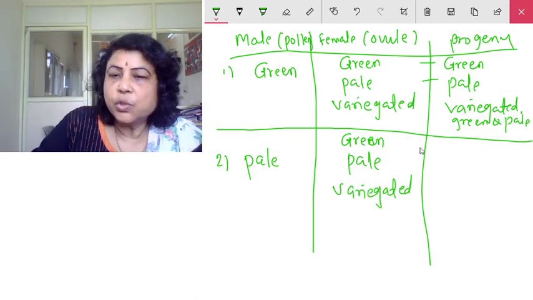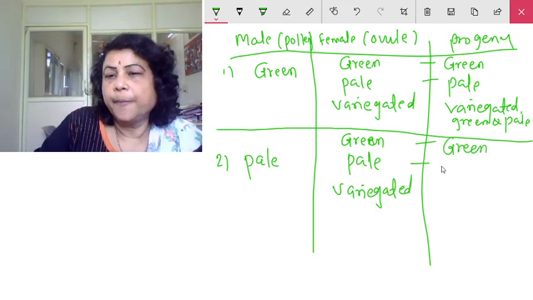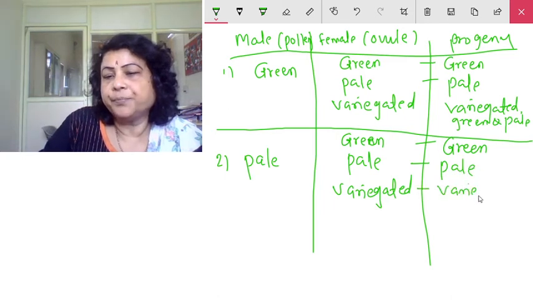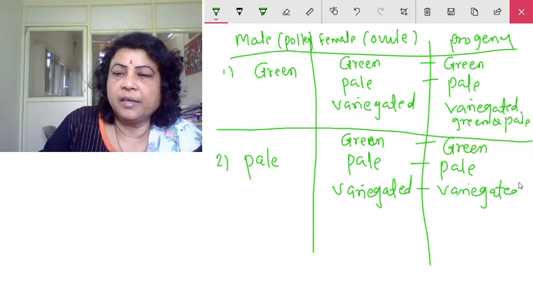The resulting progenies were green, pale, and variegated.